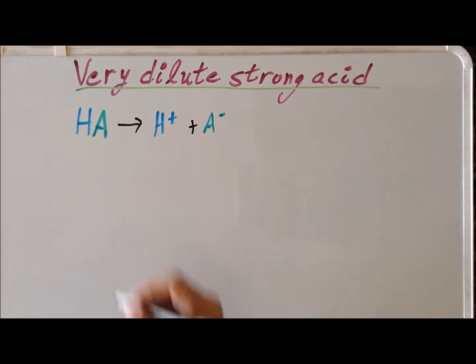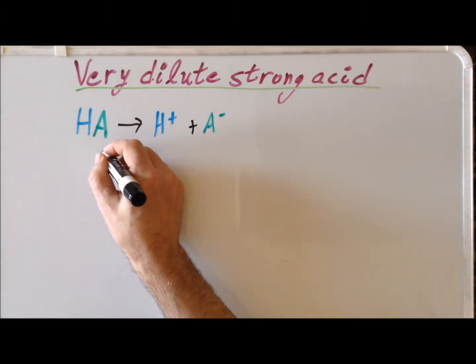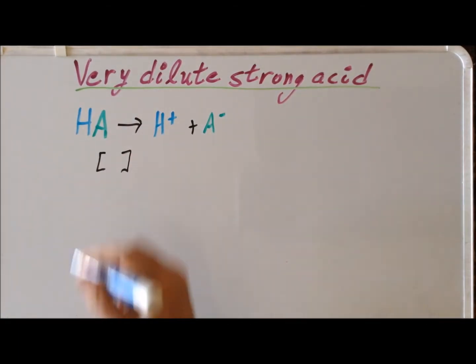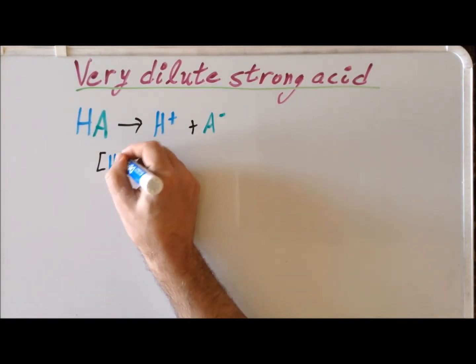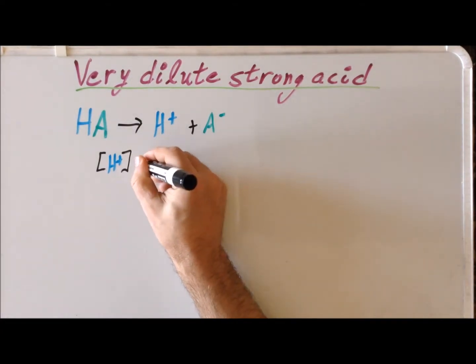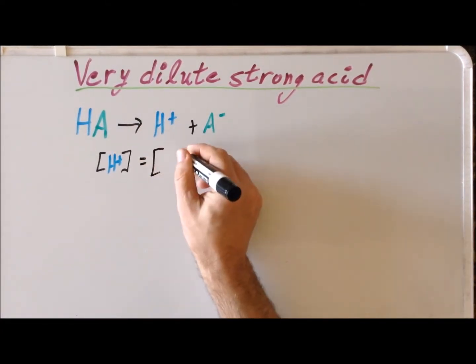So in that case, we can make the assumption that the concentration of H+ is essentially equal to the original concentration of the strong acid.